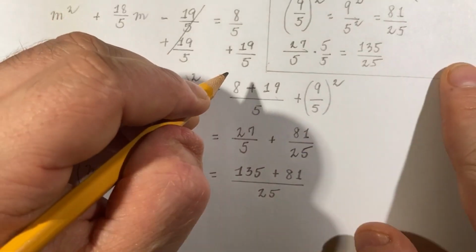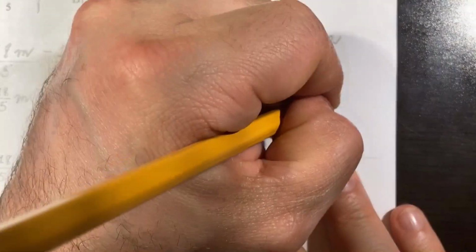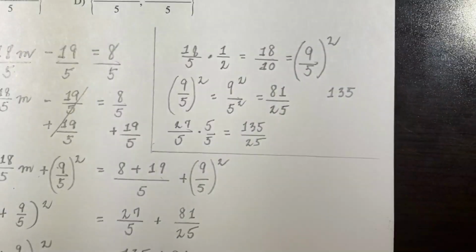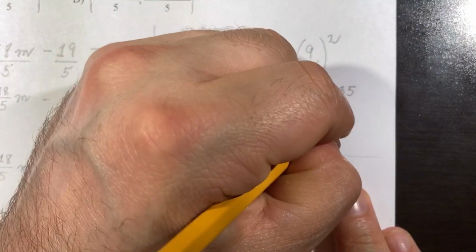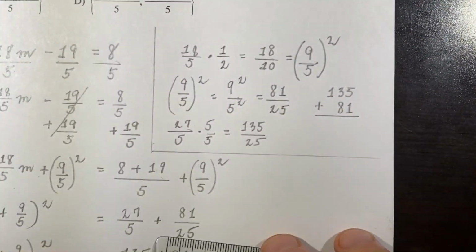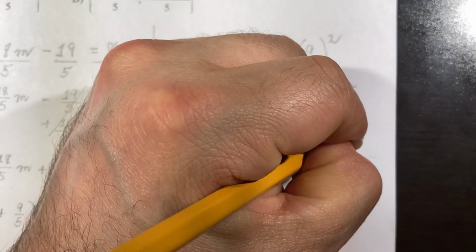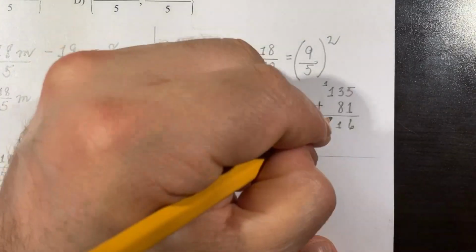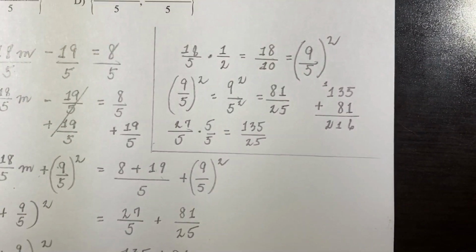So again, we got a little bit of scratch work space left over. Let's do that. 135 plus 81. Okay, so we'll just add this. 5 plus 1 is 6. 3 plus 8 is 11. Carry the 1. 1 plus 1 is 2. And so I got 216.